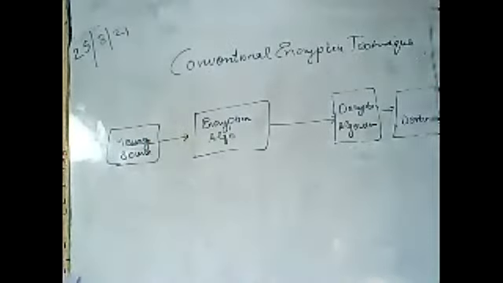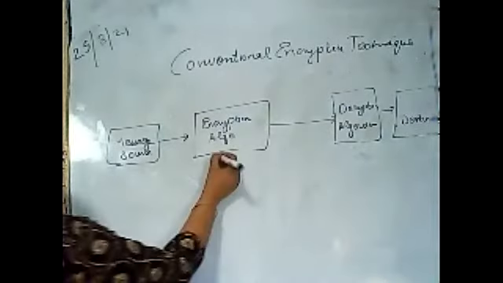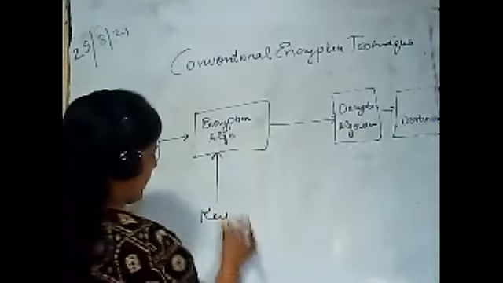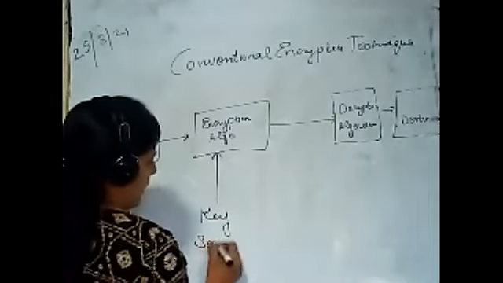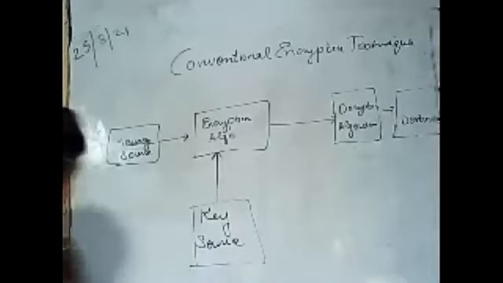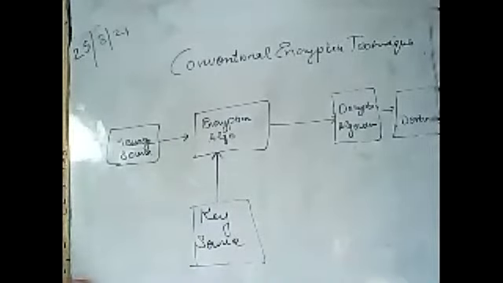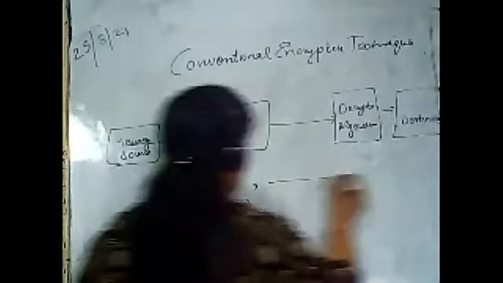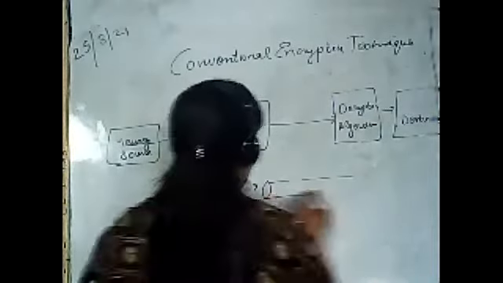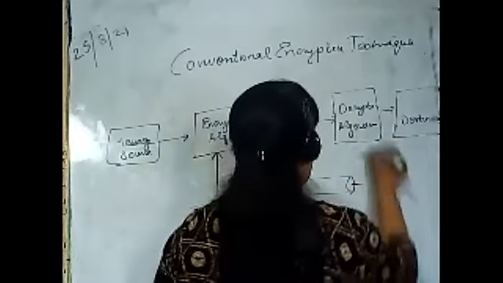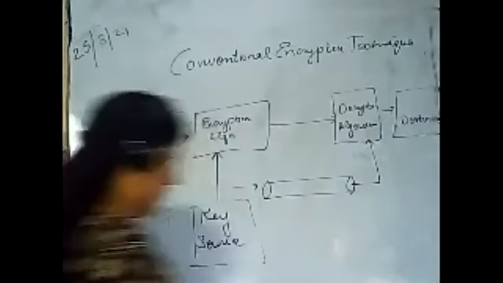Now the next thing is that each and every algorithm will be using some key source. That key will be transferred through a proper secure channel to the decryption part.